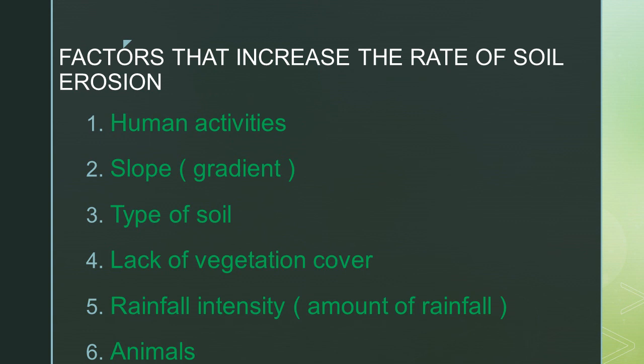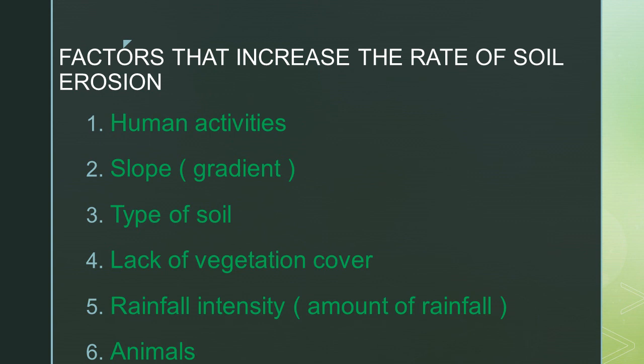Pupils, we are coming to the end of today's lesson. What I want you to take into consideration is that you go through the lesson, then get to know the agents of soil erosion as wind and water, and how they facilitate soil erosion.